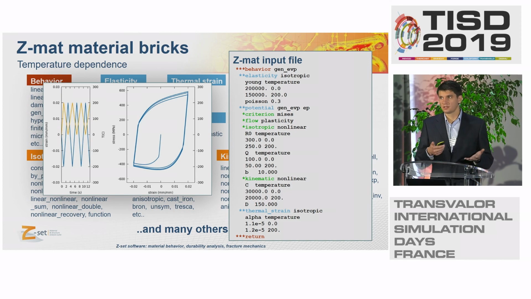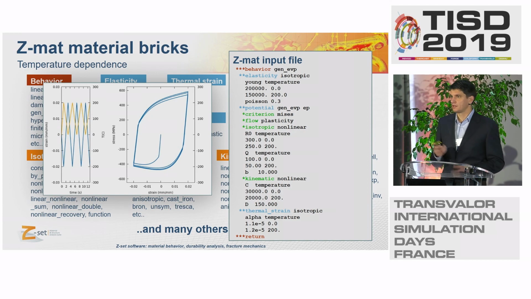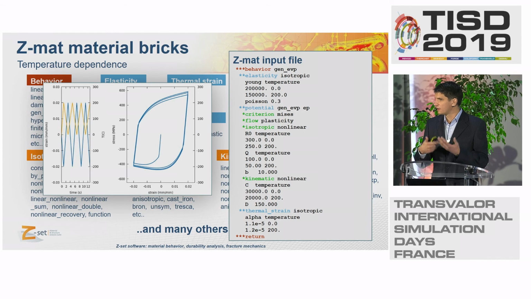So we use this interface to plug our Zmat models into Forge. So this is the idea. When they work together, Forge will be responsible for structural analysis, for global equilibrium, and Zmat will perform local integration of the material law. Okay, and they will exchange information at every step and for every element and integration point. Okay, thank you.